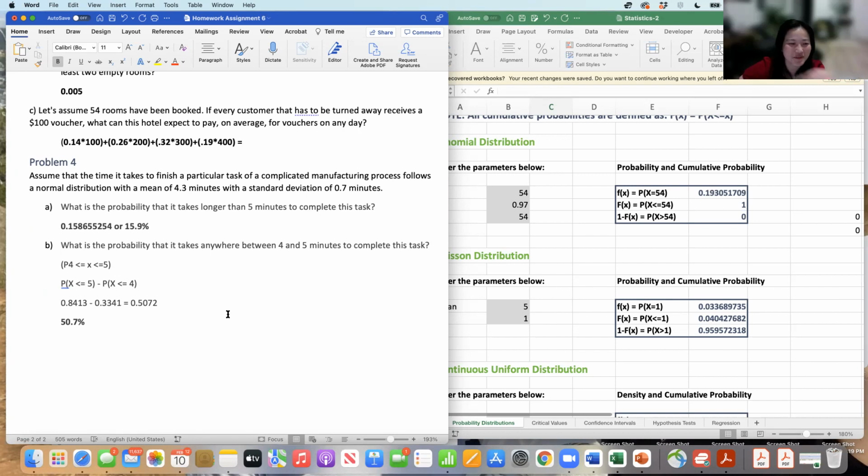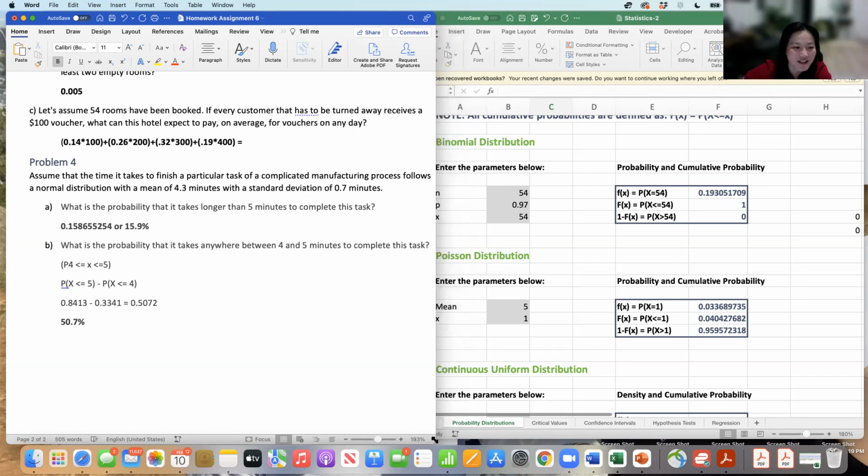I saw your answer on problem 4B, and it was a little different. I have the same first step as you, like what exactly we're looking for: X greater than or equal to 4 and less than or equal to 5, right? But the equation you did, is that including X equal to 4? Because you minus X less than or equal to 4. So where's the X equal to 4?